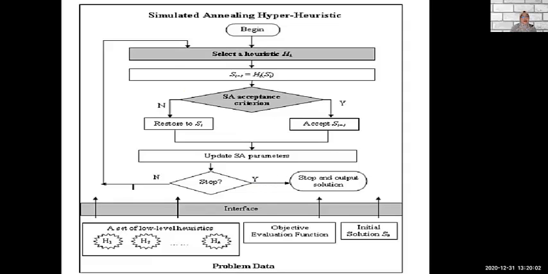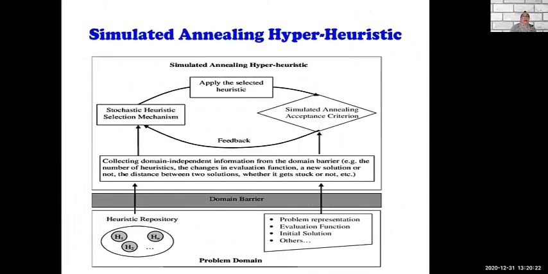This process is repeated until the stopping condition is met. This is the pool of low-level heuristics. We have an objective function value to evaluate the quality of the solution, and we also need the initial solution. The general idea of simulated annealing hyper-heuristic is a stochastic heuristic selection mechanism.